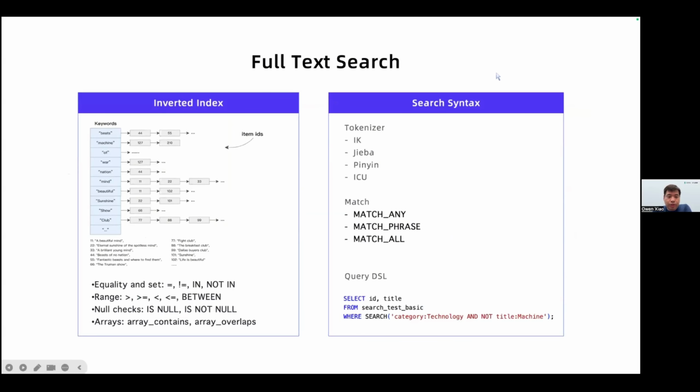And full-text search has also been supported in Doris for years. For example, it supports multiple tokenizers. For Unicode, you can use the standard tokenizer or the ICU tokenizer, and for Chinese, you can use IK. And Doris supports multiple full-text search functions. For example, match any of your keywords, match all of your keywords, or match your phrase.